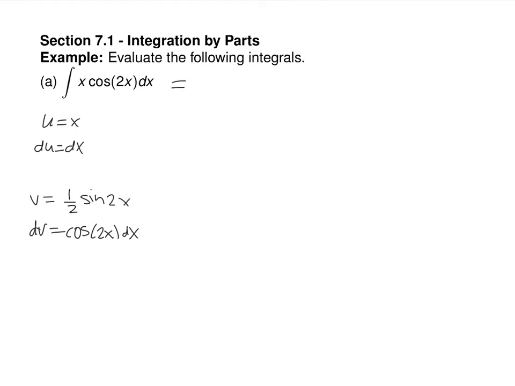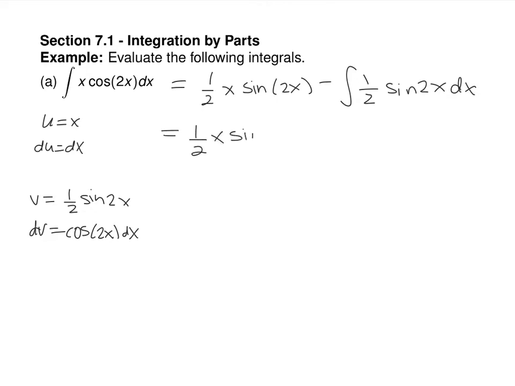So that will equal uv, so 1/2 x sine 2x, minus the integral of v du. So 1/2 sine 2x dx. So that's 1/2 x sine 2x minus 1/2 times, so the antiderivative of sine of 2x will be negative 1/2 cosine 2x, plus c.